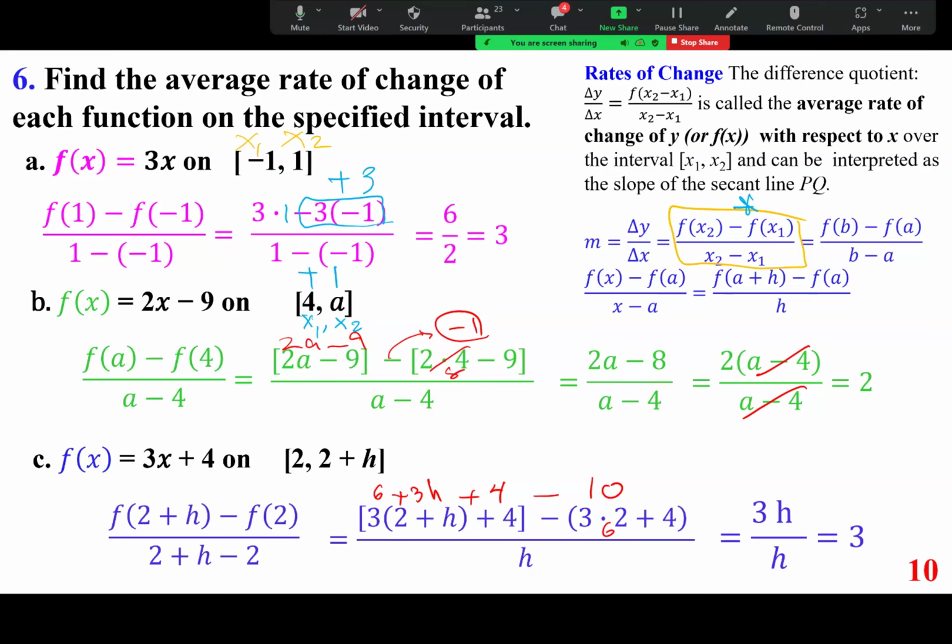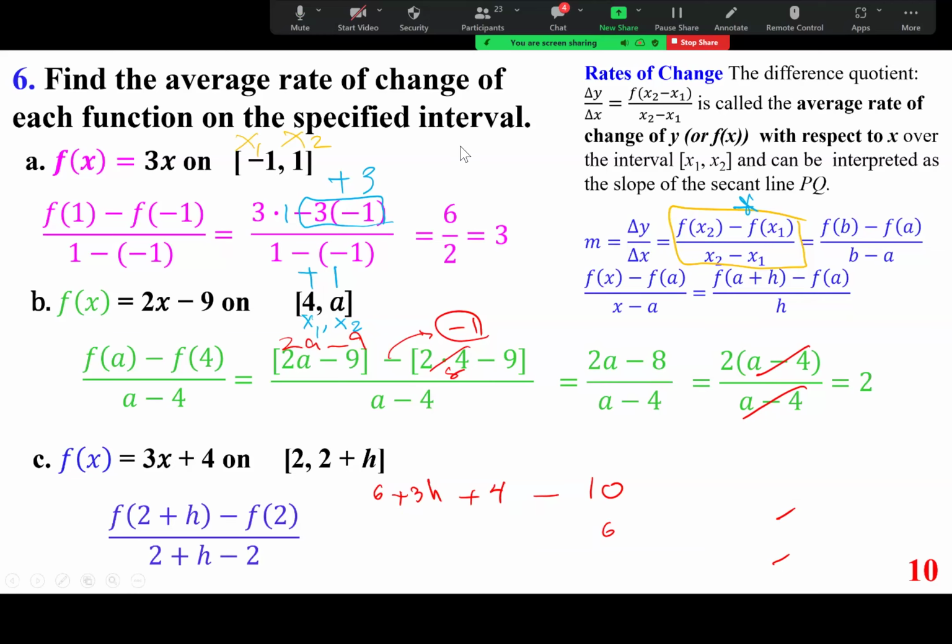Divided by h gives you 3, and we are done. So it's pretty straightforward, everybody. We are going to move on.